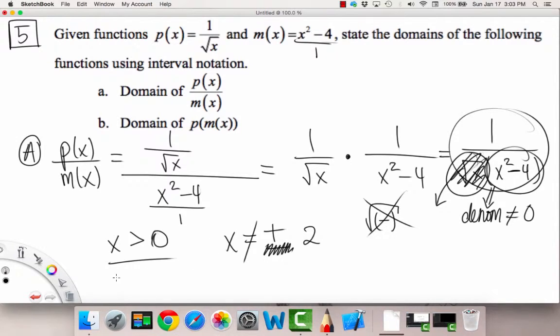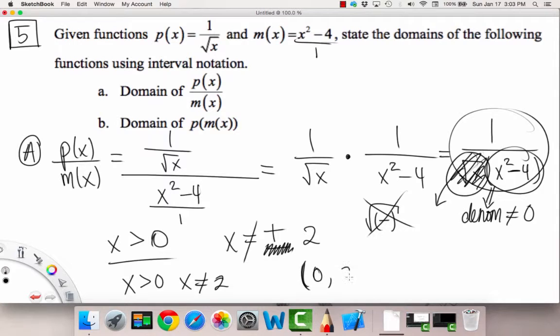So our domain is given by the following: x is greater than 0, and x can't equal 2. How would we write this in interval notation? x can't be a negative number, and it can't be equal to 0. So we start with a parenthesis, then put 0, because that's our left endpoint.